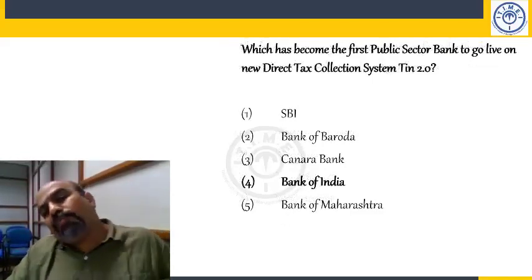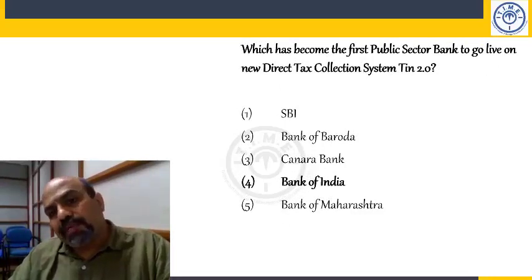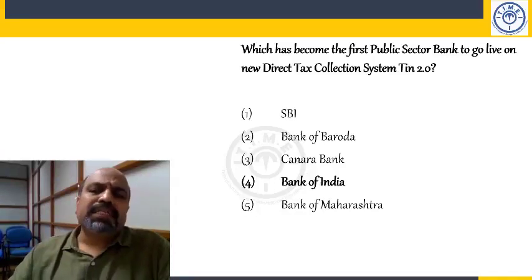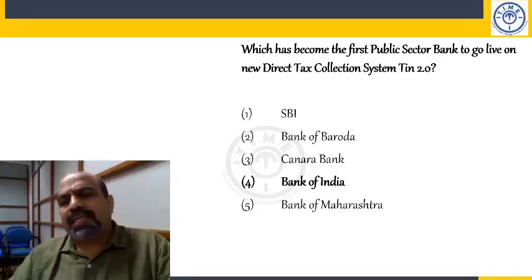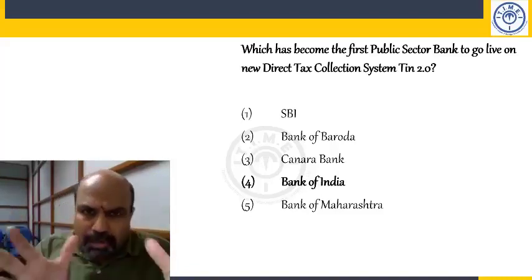Bank of India has become the first public sector bank to go live on the new direct tax collection system, TIN, Tax Information Network 2.0. This is a platform through which companies can pay, a one-stop solution.